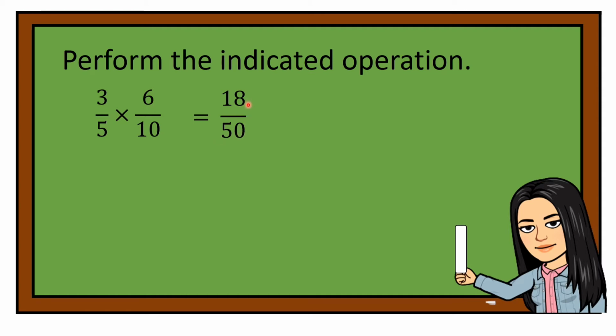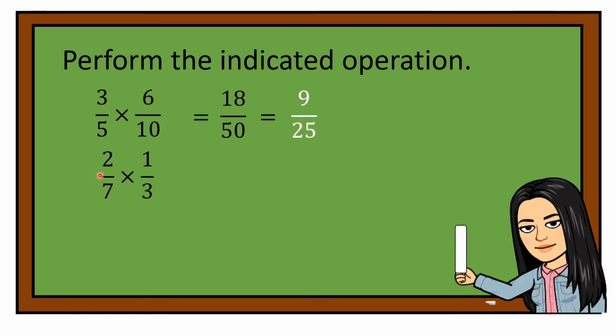So 18 and 50 have a common factor, which is 2. So that would be equal to 9 over 25. So 9 over 25 is the simplified form of 18 over 50.